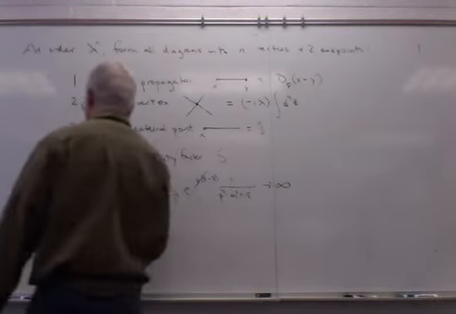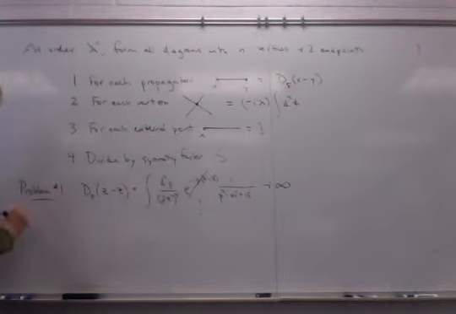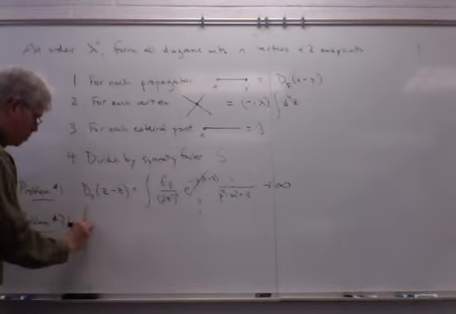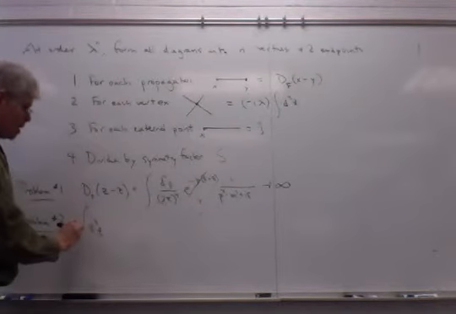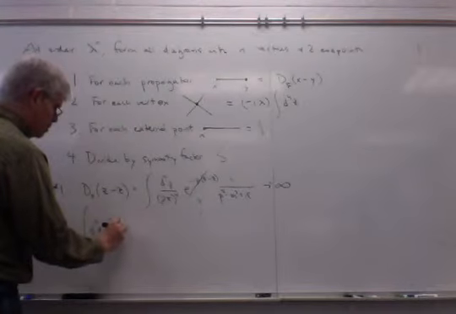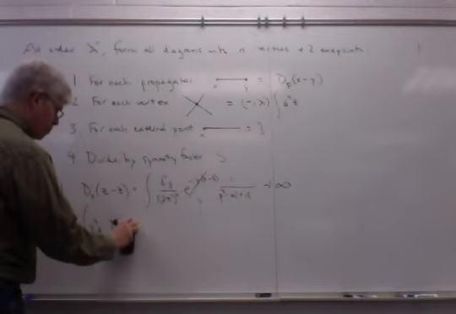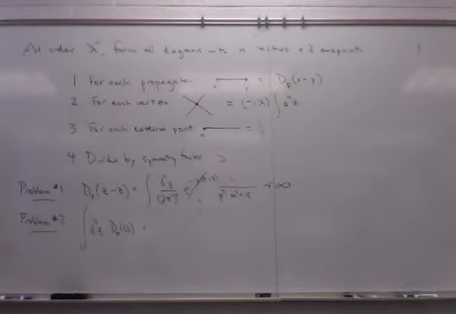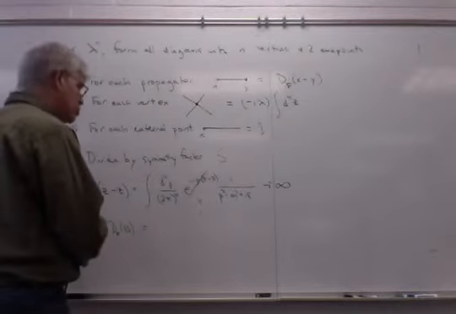And problem number 2 is that the integral with respect to z of DF of z minus z, DF of 0, is integrating a constant that happens to be an infinite constant, and that diverges too.